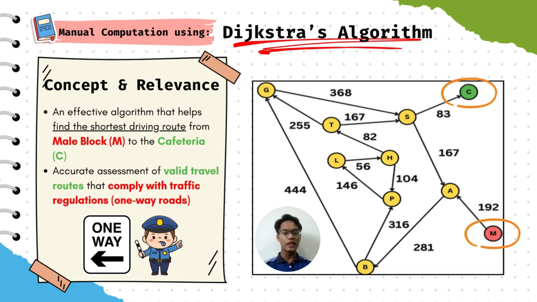Its relevance is as an accurate assessment of valid travel routes that comply with traffic regulations, in this case, one-way roads. As we can see, there are several weighted arrows, in this case M to A, and we cannot use the road A to S as it is a one-way road.